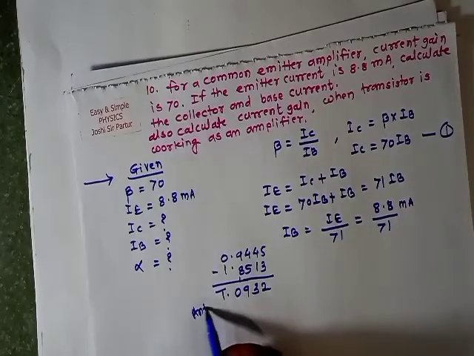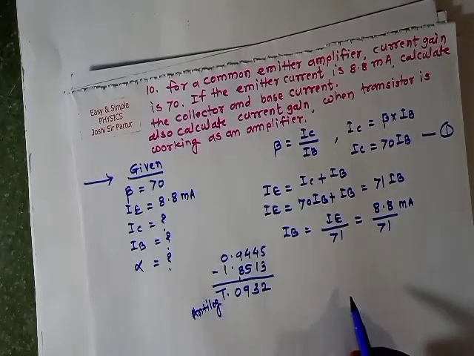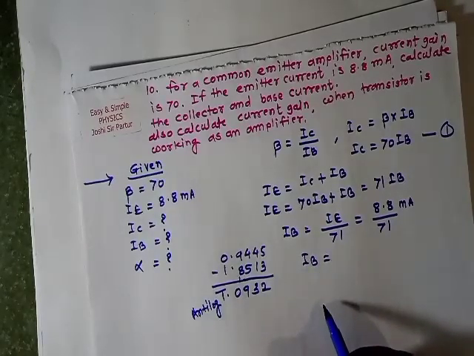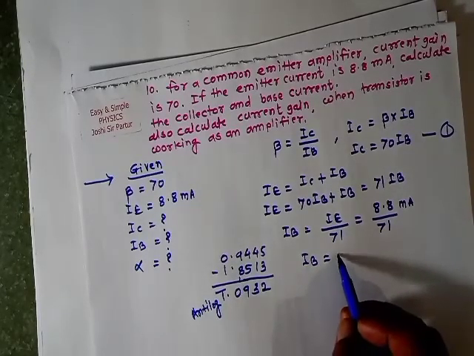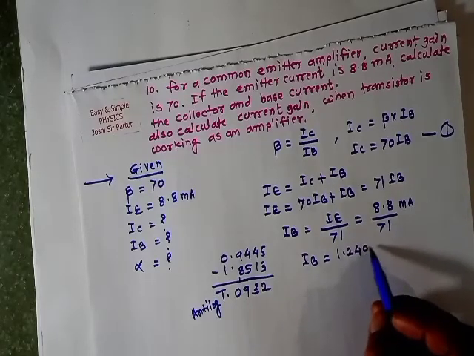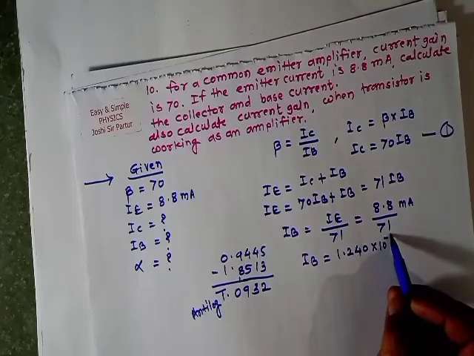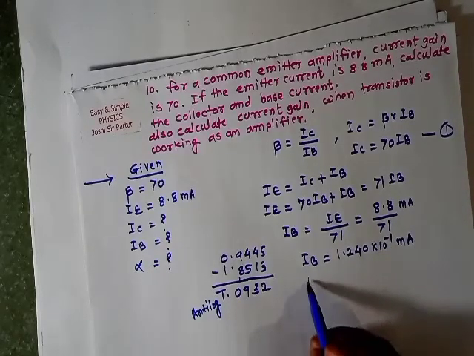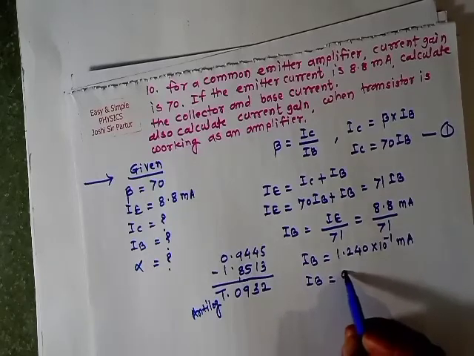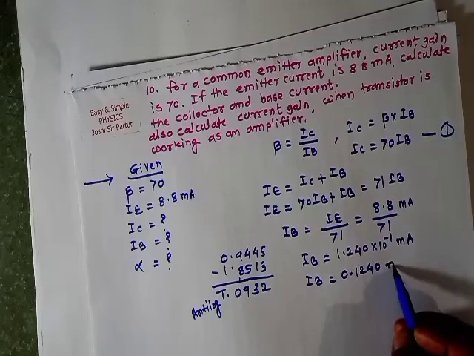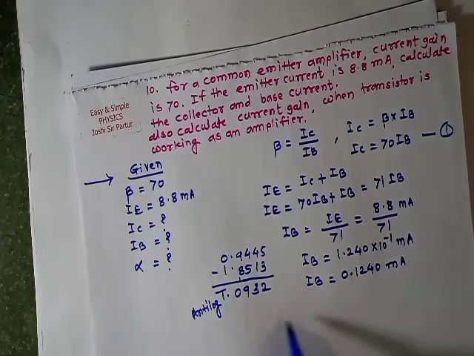If we take its antilogarithm, base current is 1.240 into 10 to the power minus 1 milliampere, which means base current is 0.1240 milliampere. Substitute the value in equation 1.